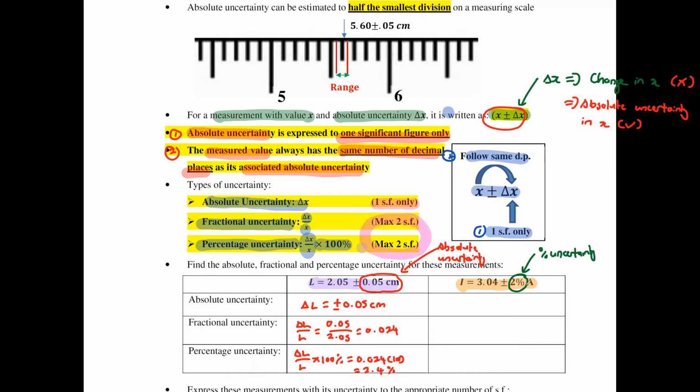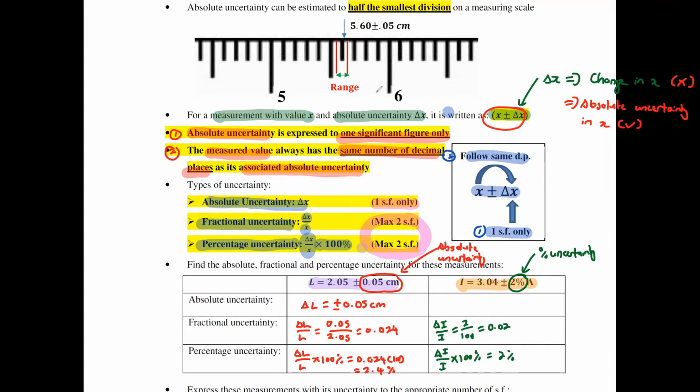So your percentage uncertainty here now is 2%. Delta I over I times 100% is 2%. Now, when you want to change it to fractional form, delta I over I, you just need to take 2 divided by 100, you will get 0.02.